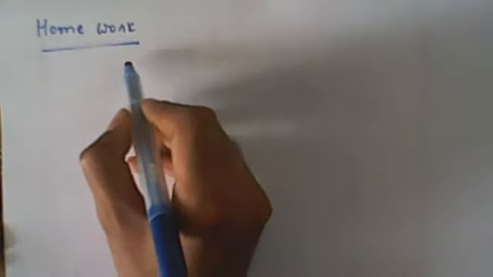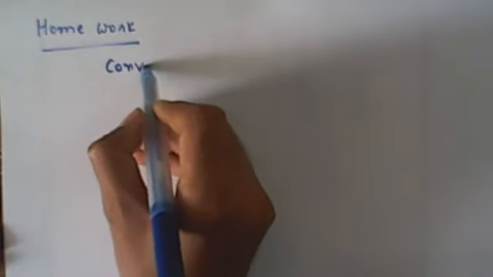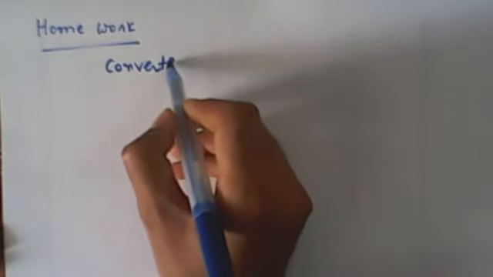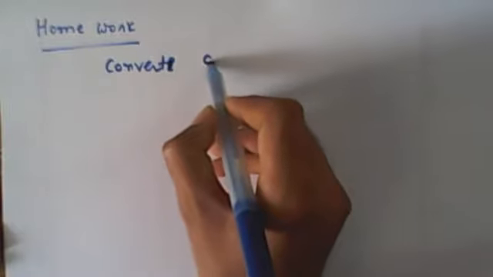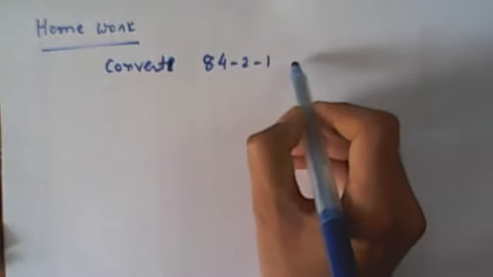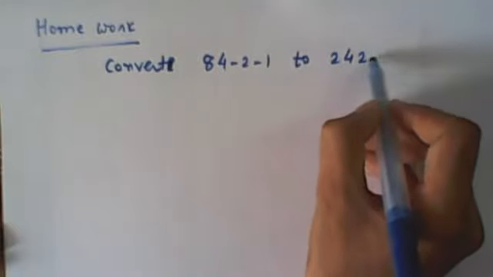Let's take one more example of a combinational circuit design other than the code converter. For practice in your homework on the code converter, convert the code 8 4 minus 2 minus 1 to 2421.